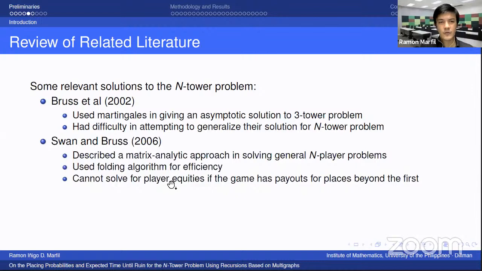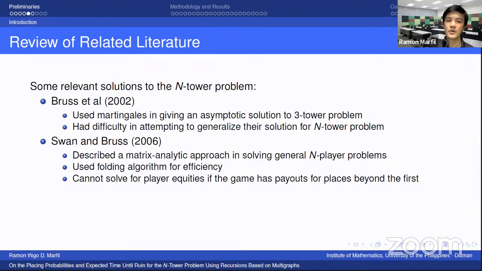Okay? 4 years later, Swan and Bruss developed a matrix analytic approach in solving general n-player problems, and they used folding algorithms for efficiency. So nag-construct sila ng mga lattices, and yung lattices nila dinivide nila into several levels.